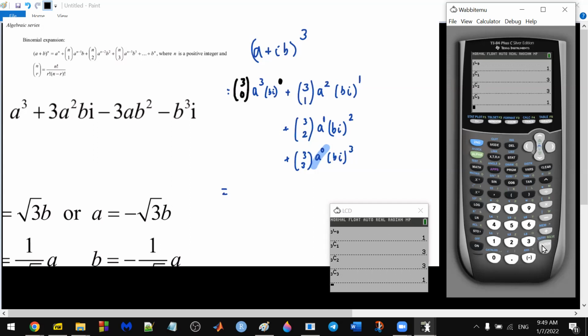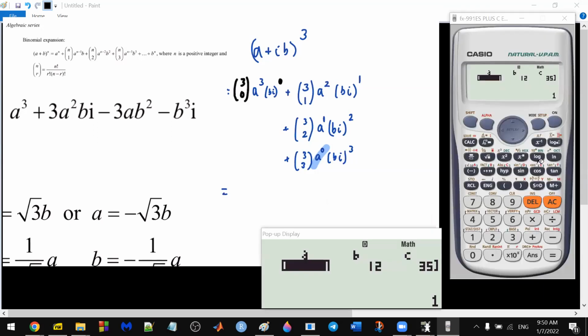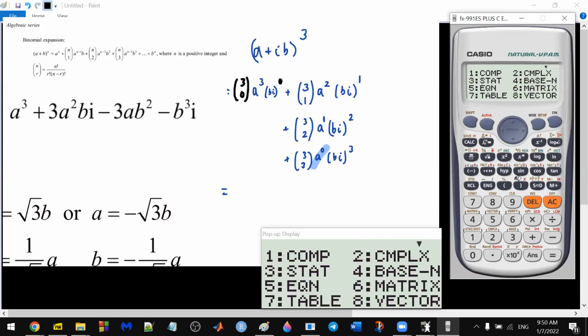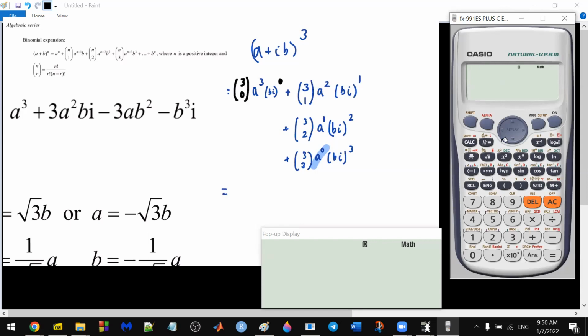Of course, you can also use a scientific calculator. Can you see my scientific calculator? Okay, good. So, let me bring up the original page.